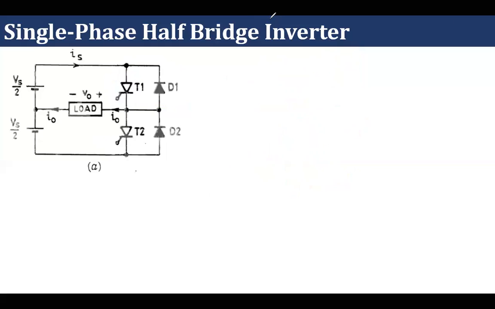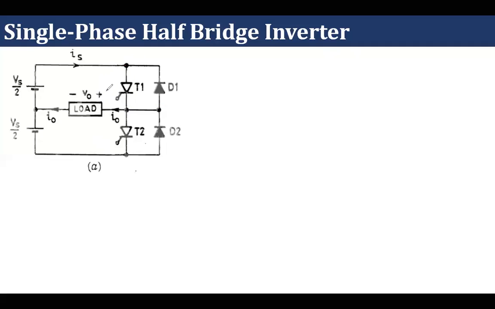Now, one more important point. We have two controllable semiconductor devices here, which are forward biased due to the supply.